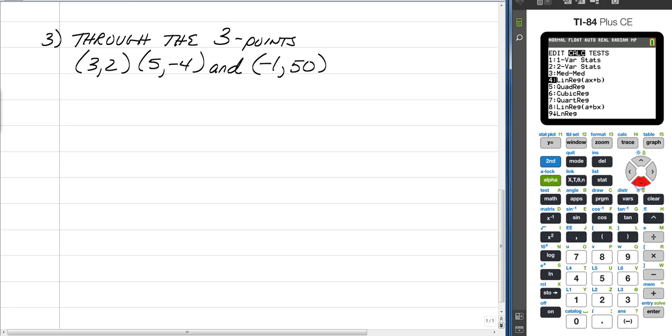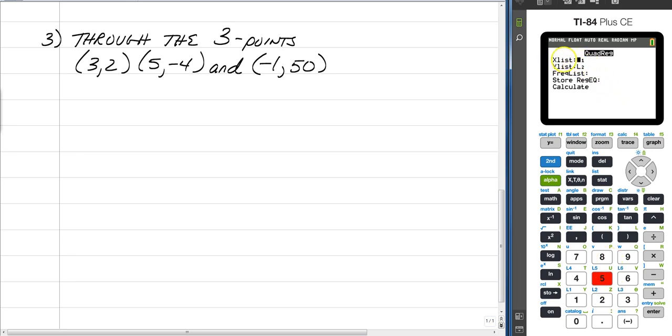So what we're basically telling the calculator to do is use a whole bunch of fancy programs that are inside of it, give it 3 points, and say, hey, find me a quadratic equation that works best with those 3 points.